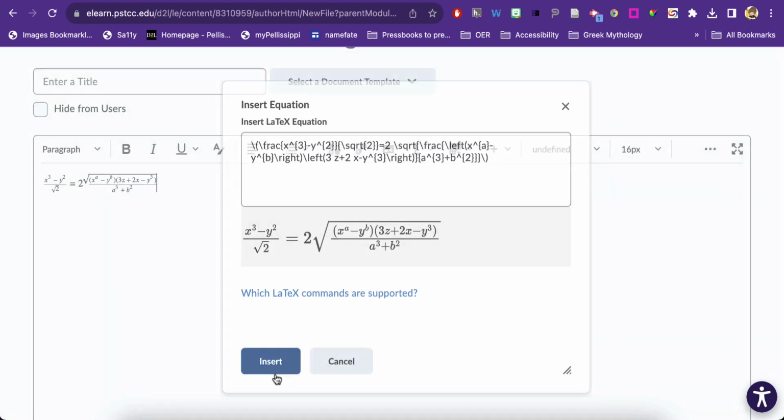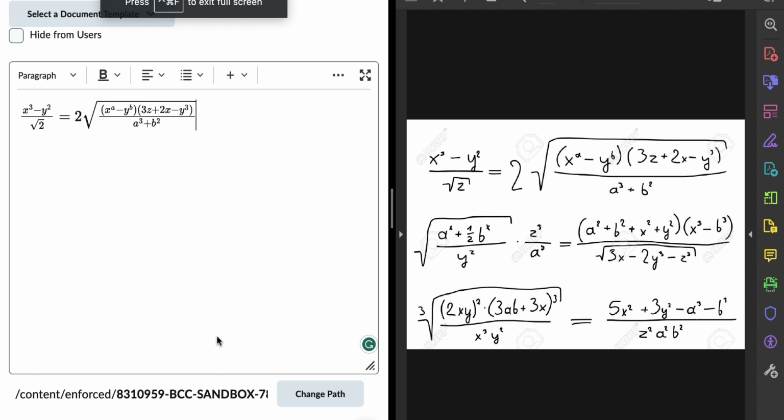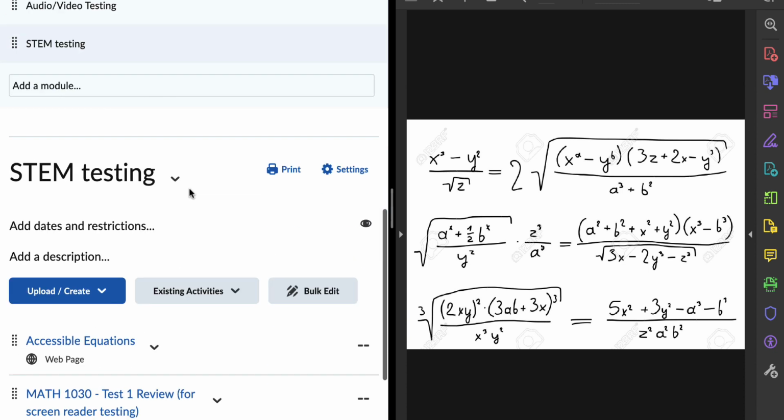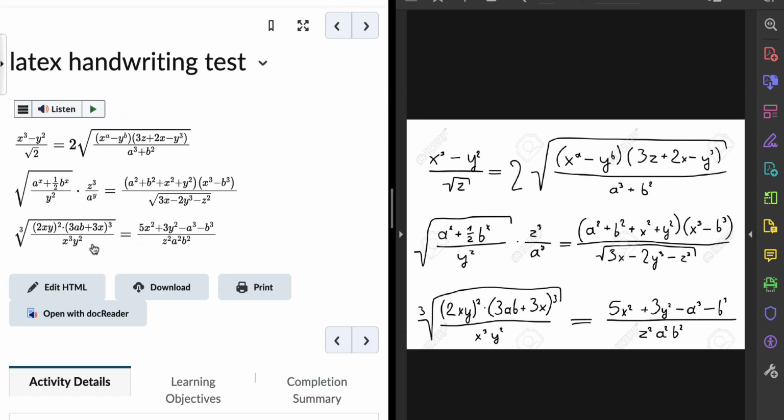So I'm going to insert that. And is that the same as our handwritten equation? Let me go back to where I did all three of them. Do they look the same? Are they correct? I don't know. I don't know anything about math.